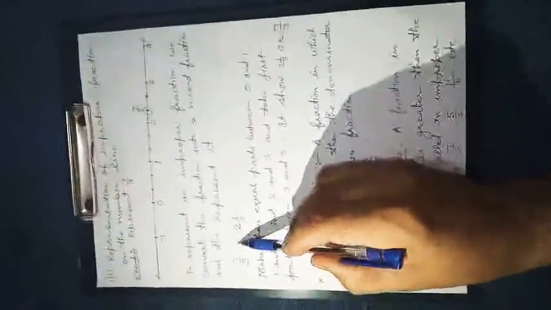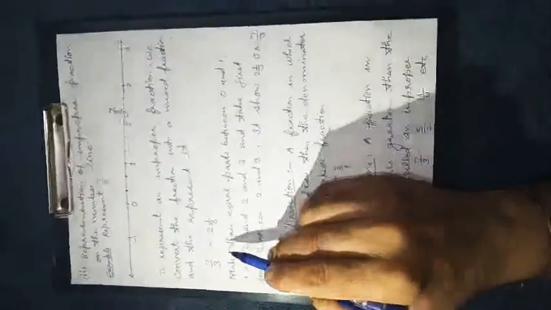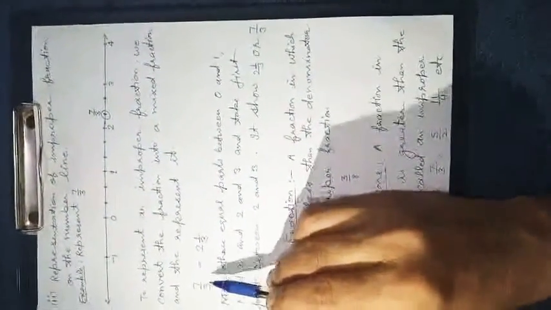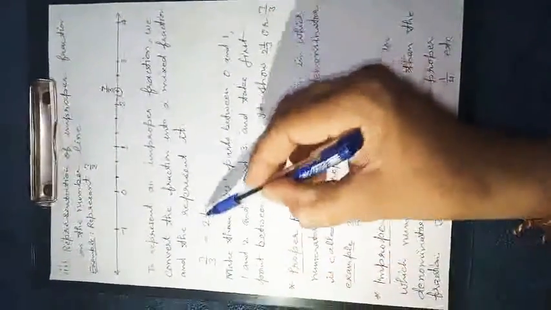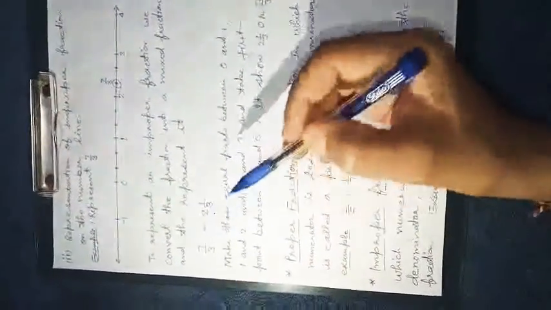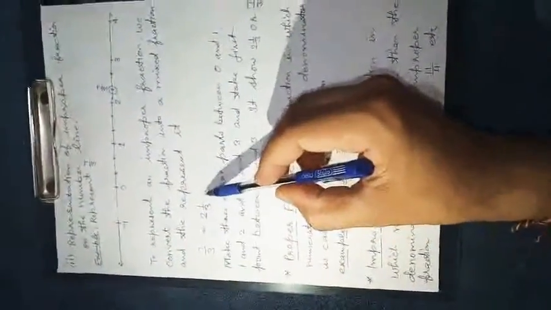To represent an improper fraction, we convert the fraction into a mixed fraction and then represent it. So first of all, we will convert 7 by 3 into a mixed fraction. First we divide 7 by 3. 3 twos are 6. The remainder is 1 and then we put 3 here. So this is the mixed fraction obtained from 7 by 3.